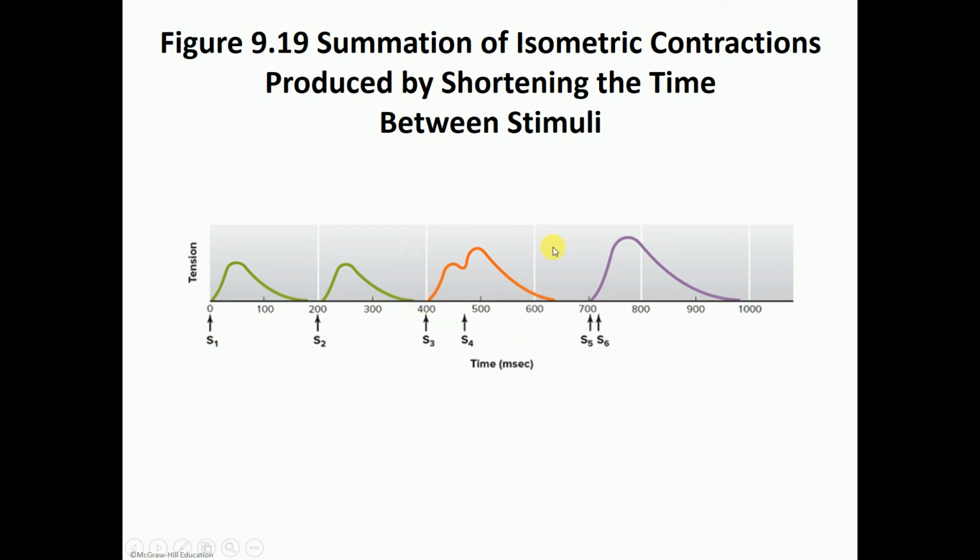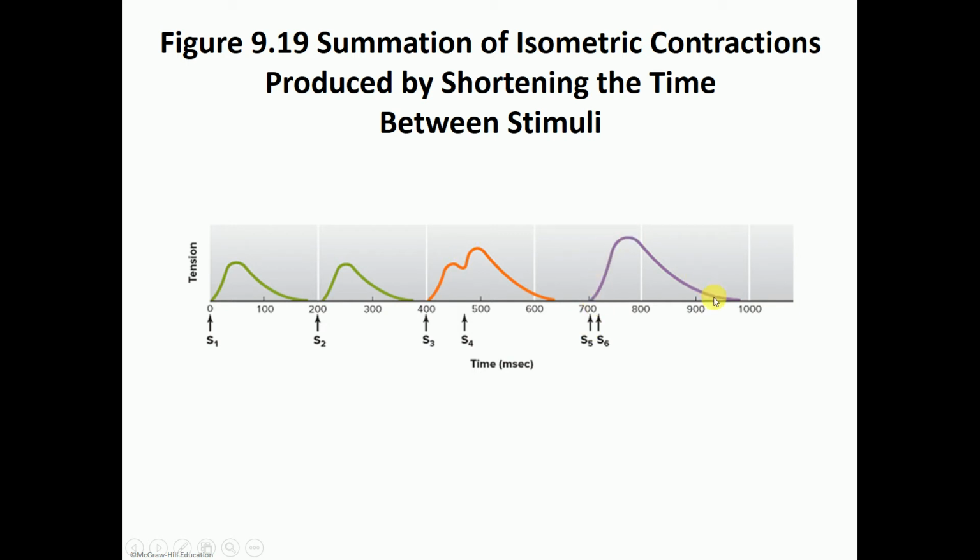But if you look at the orange graph, your second stimulus occurred before the muscle was able to fully relax. So the muscle had to sum them up together to produce a stronger contraction. That is known as a tetanic contraction, but there are gaps in between. There are periods of relaxation.